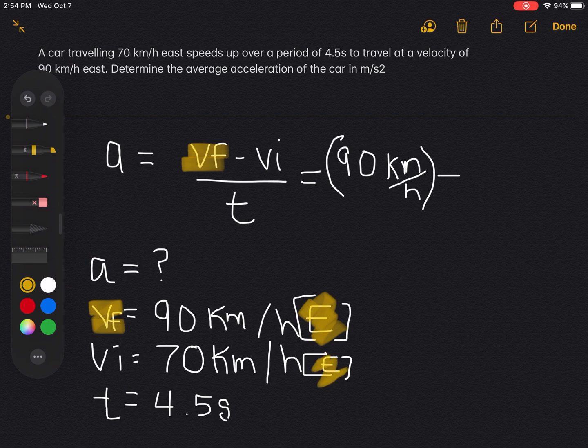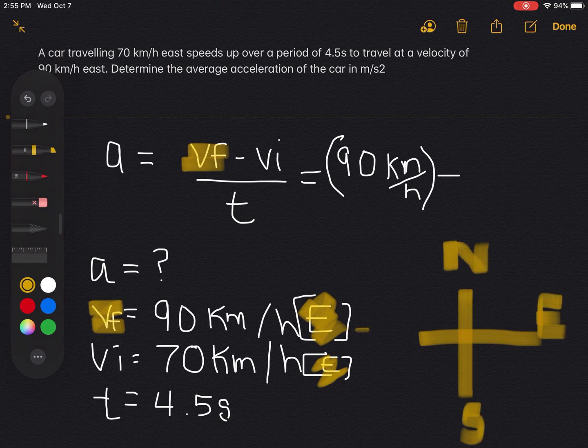When I'm doing these types of questions, I like to change the east, west, north, south stuff into positives and negatives. So if you remember, if this is our north, east, south, west, this way is positive, this way is negative, positives up, negatives down.